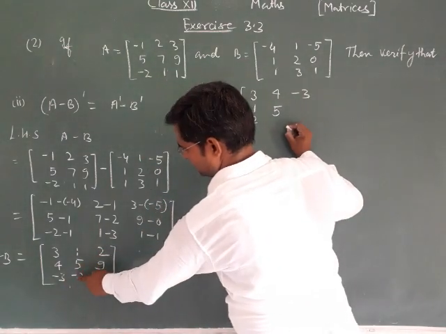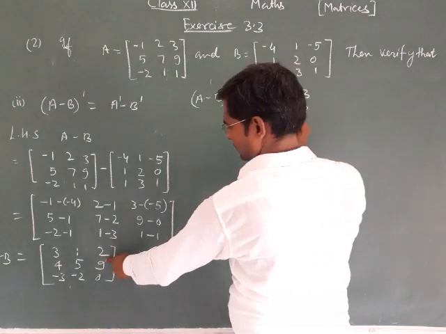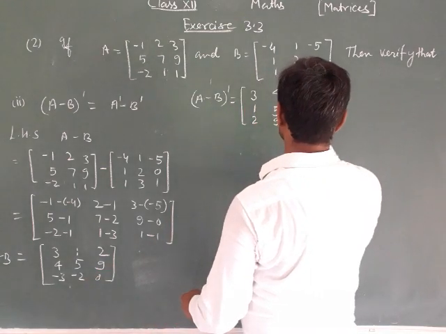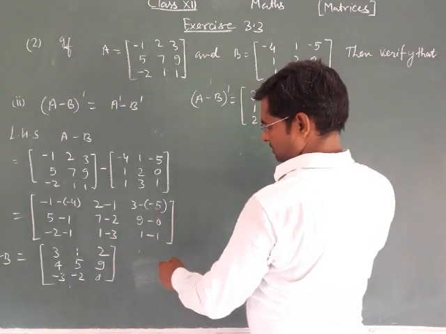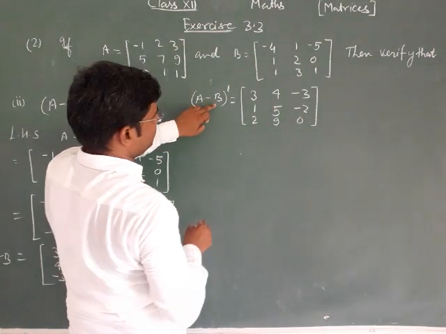So replace 2 here, so minus 2 and 9, replace here 9 and 0. So this is transpose of A minus B.